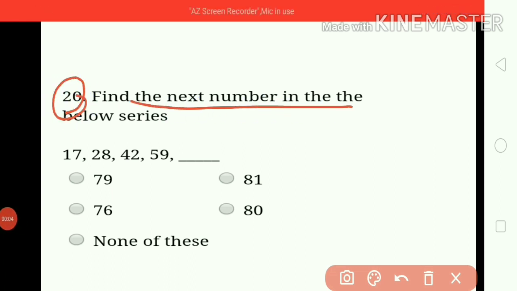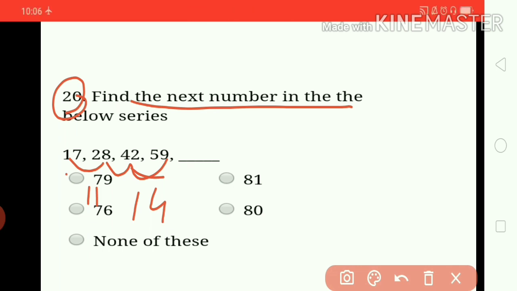Find the next number. So we will find the difference of the series. 28 minus 17, you can find the difference. 8 minus 7 is 1, 2 minus 1 is 1, so 11. 42 minus 28: 12 minus 8 is 4, 3 minus 2 is 1, so 14. Now the difference of these two, 14 minus 11 is 3.